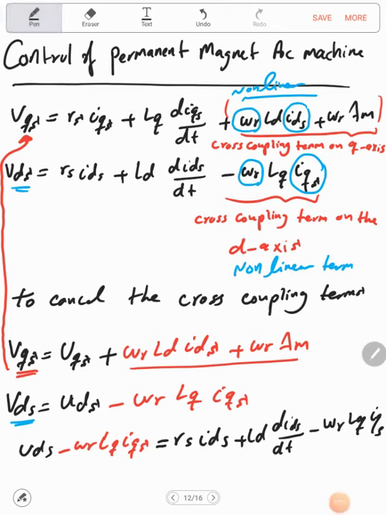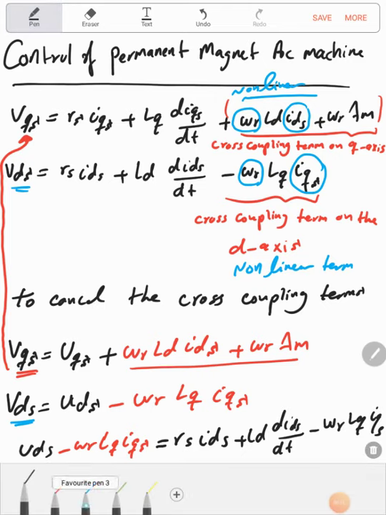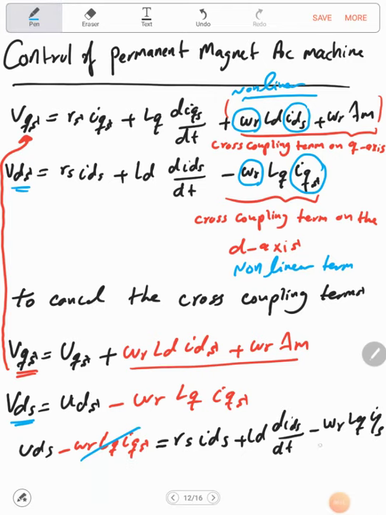So now this term will cancel this term, and we will end up with UDS equal to RS IDS plus LD dIDS by dt.